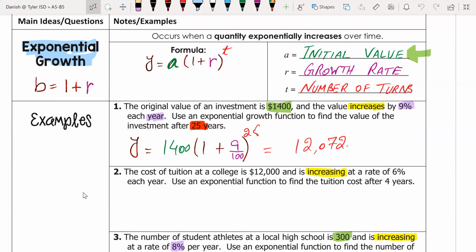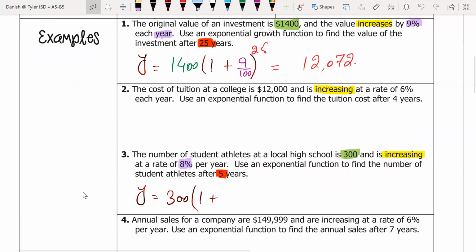I will just write down the function. I will not solve it for you. You should be able to do that yourself. 300, and if you want to understand it again on your own, use a video and work on that. Okay. Thank you. I'm writing now the function over here: 300 times 1 plus 8 divided by 100, all raised to power of 5. That's how you will do it.